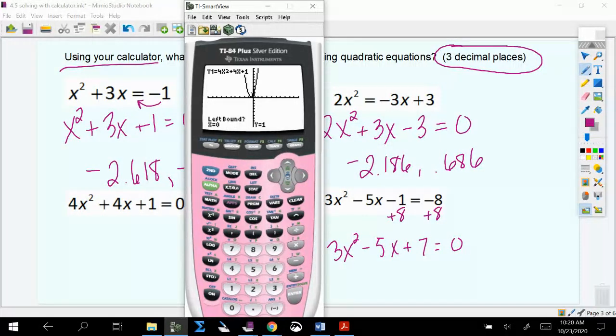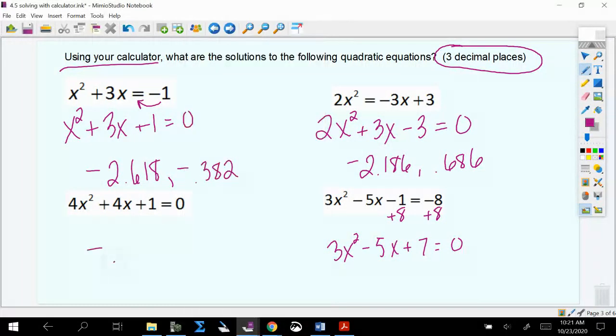I'm going to go before it looks like it touches, hit enter. Go after it looks like it touches, hit enter. Enter one more time. And it is at negative 0.499999. That actually rounds to negative 0.500, or just negative 0.5 would be fine. And that is the only solution because it doesn't go through the x-axis, it just touches the x-axis.